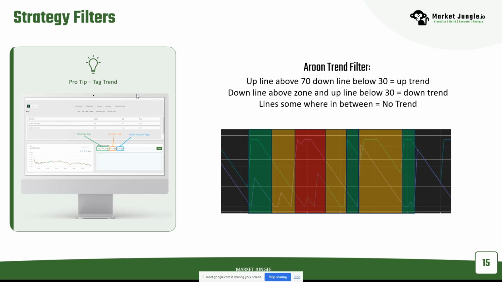One piece that I want to show here is with leveraging Market Jungle, the tags is a really strong feature here. So one of the things that I do personally is, as I'm going through this development, when I'm uploading trades, I'll tag my trades and I'll say, hey, the market was uptrending, downtrending, or no trend.